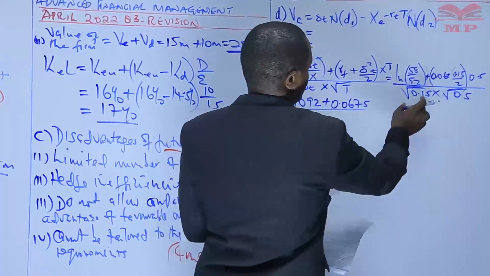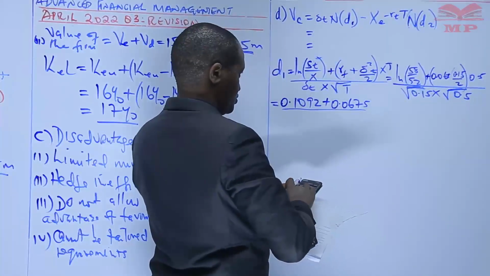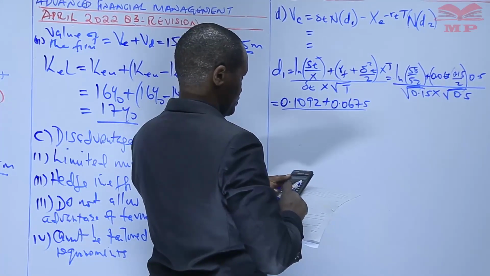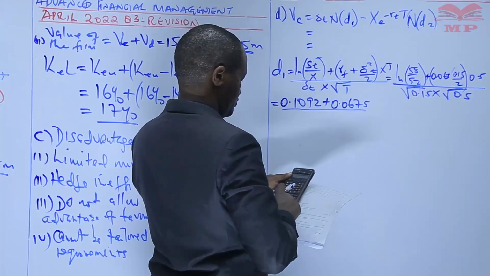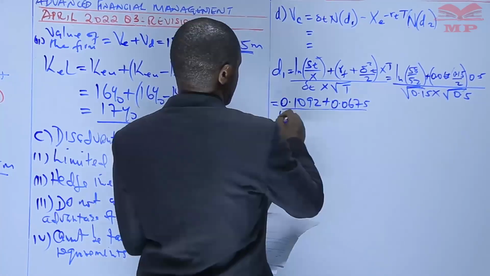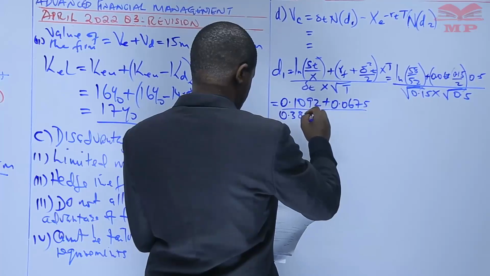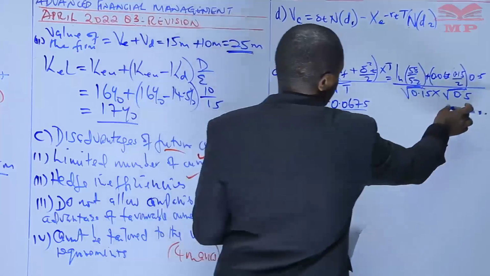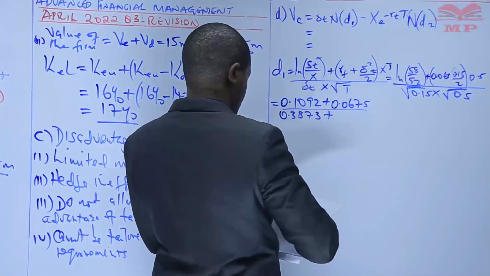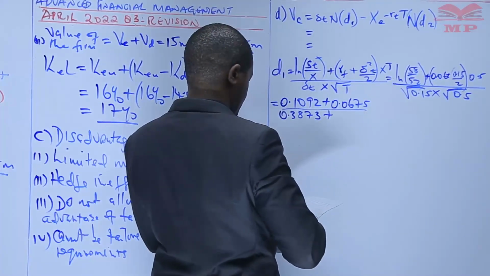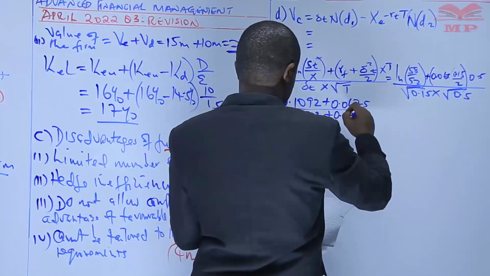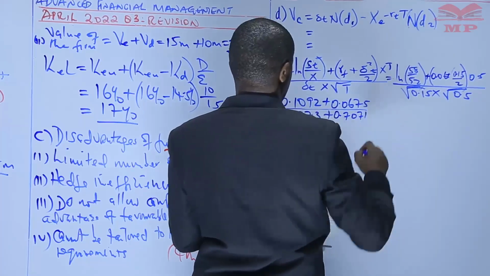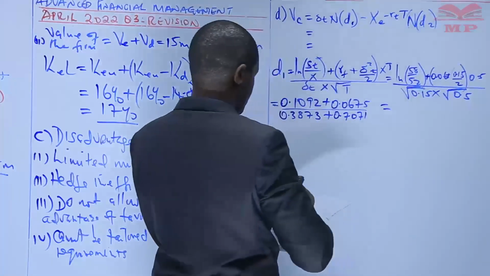Divide by the square root of 0.15, which is 0.3873, times the square root of 0.5, which is 0.7071.